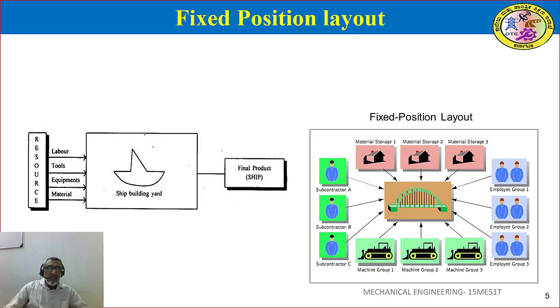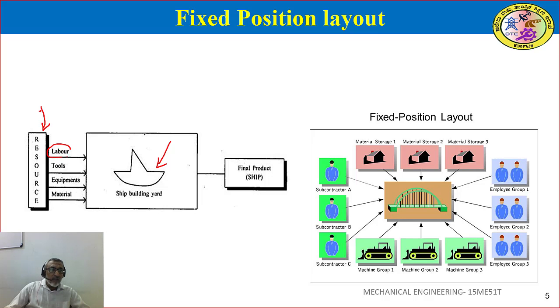Similarly, in shipbuilding, the ship is not built in a distant place and taken to the sea. It is built on the shore of the sea itself, so that immediately after the ship is built, it can be put into water. That is the major component. The ship remains in one particular place, and all the resources are carried to the shipbuilding site.